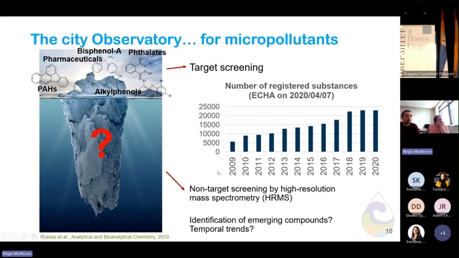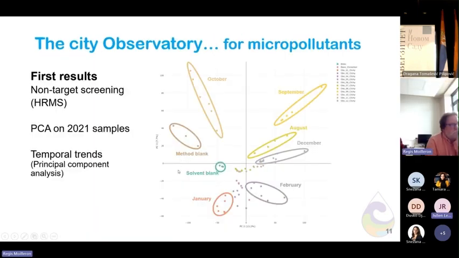And also we could follow temporal trends to check if there is an evolution of some forbidden molecules, for example, decreasing with time, or some new molecules increasing with new uses. So these are a few results that we obtained in the first years of the observatory.